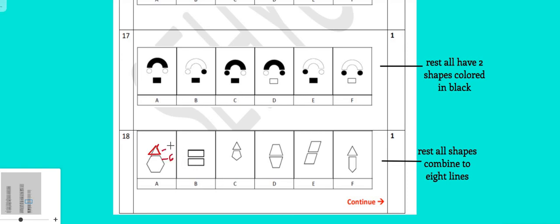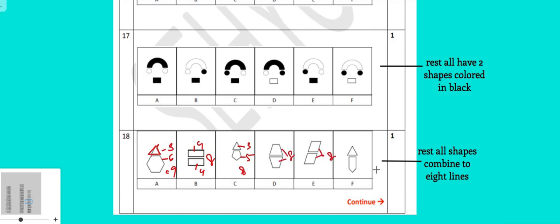So 3 and 6 gives us 9 in total. So A could be our answer, but let us also look at the rest. Here it is 4 and 4, which makes it 8. Then again here 5 and 3, which makes it 8 too. Here again 4 and 4, which makes it 8.